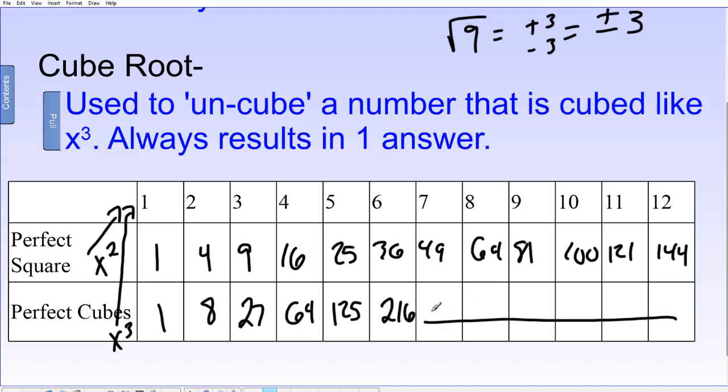I know a couple more off the top of my head: 343, 512, 729, 1,000, I think. But you don't really need to know those. Maybe you want to keep some of those numbers in your head, just, hey, that number looks familiar. That might be a perfect cube. But other than that, for the perfect cubes, it's up to about 150 or 200 or so.